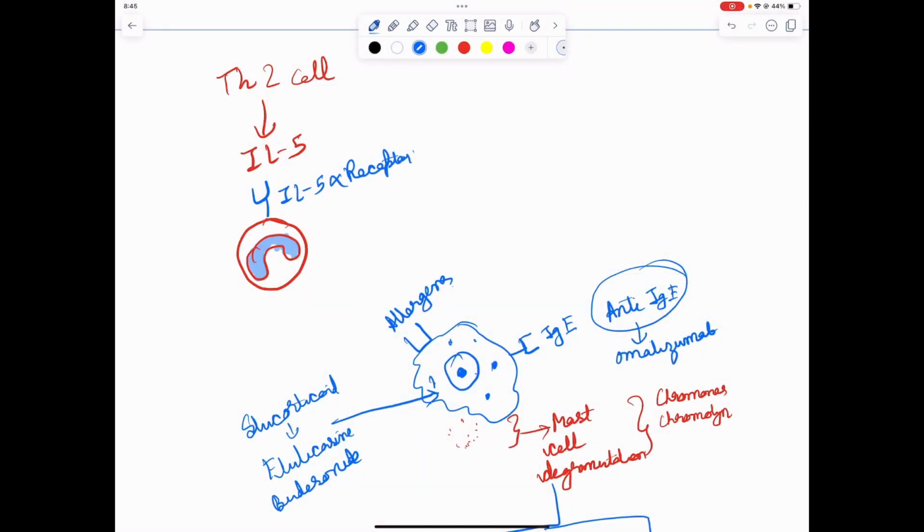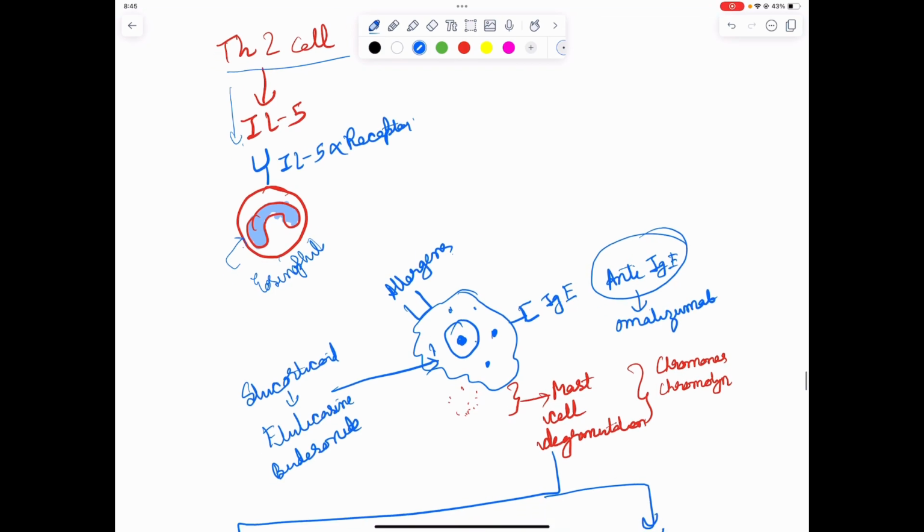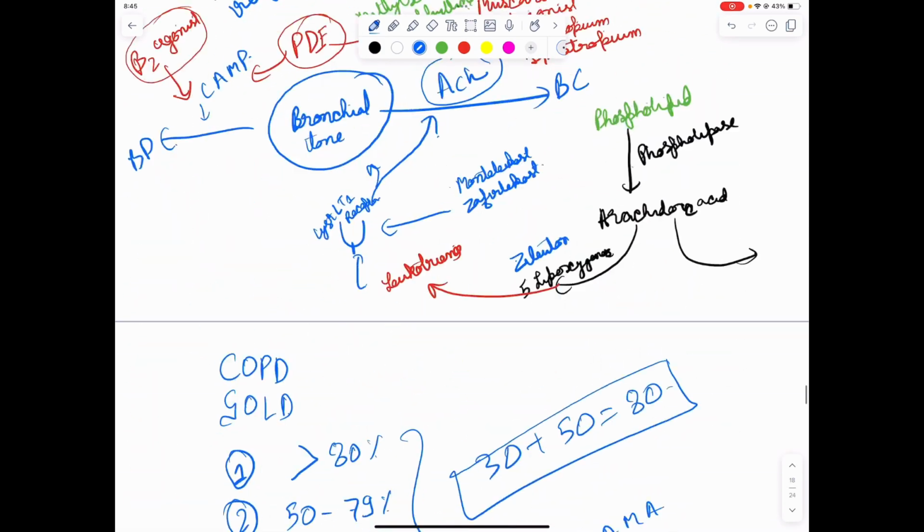Now in pharmacology of asthma, you should remember the steps that are responsible for inflammatory reactions. Here there is the T helper 2 cell which releases interleukin 5, and this is the eosinophil. The eosinophil can be identified by its bilobed nature. The eosinophil has the IL-5 alpha receptor. Now there are antibodies to IL-5 as well as to the IL-5 alpha receptor.